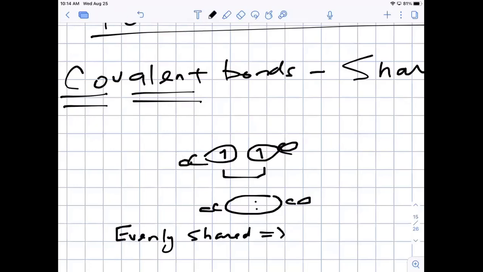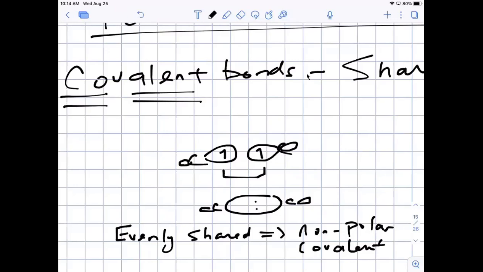This would be an example of what we call a non-polar covalent bond, where the electrons are evenly or equally shared between the two atoms. Non-polar covalent. So you have two atoms, you have a bond between them, and the pair of electrons between them are equally shared.